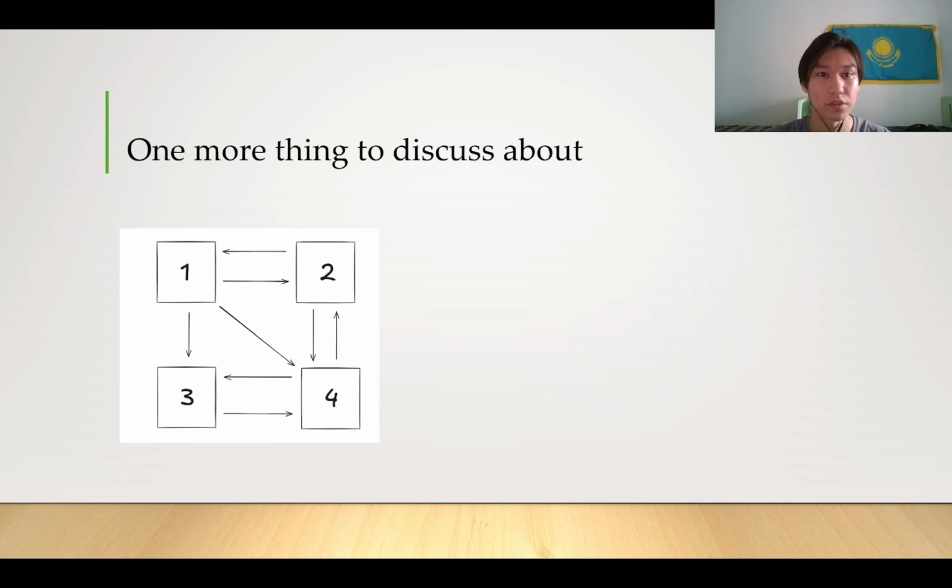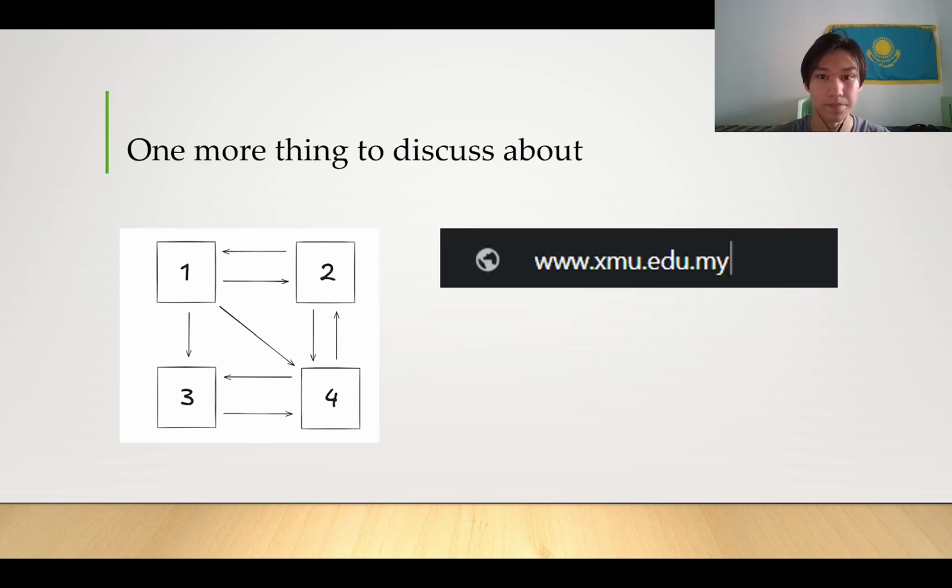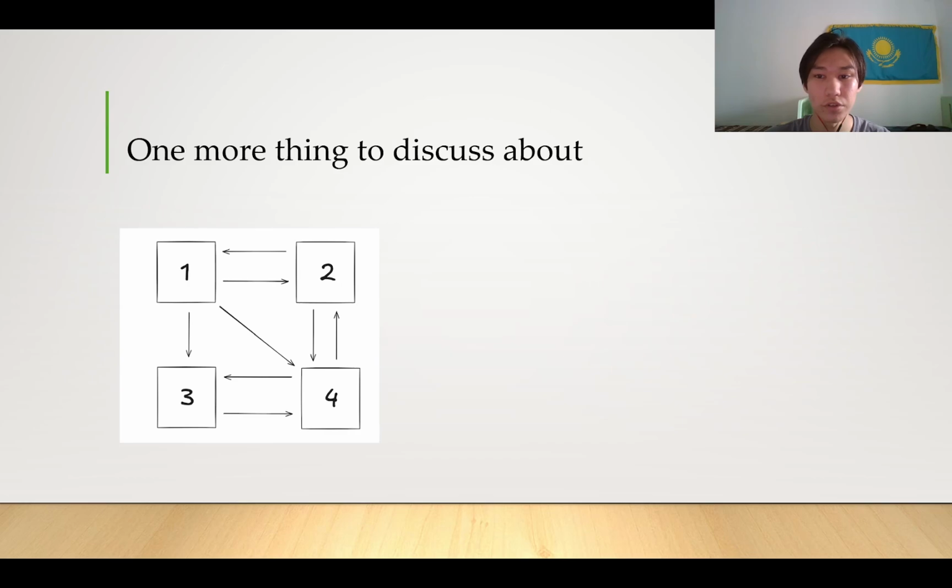And there is one more thing to discuss about our formula, because the random surfer model we used in the PageRank algorithm before is not complete yet. A surfer is only able to jump to pages by links, but in real world scenarios you can type any web page's address on a Google search.